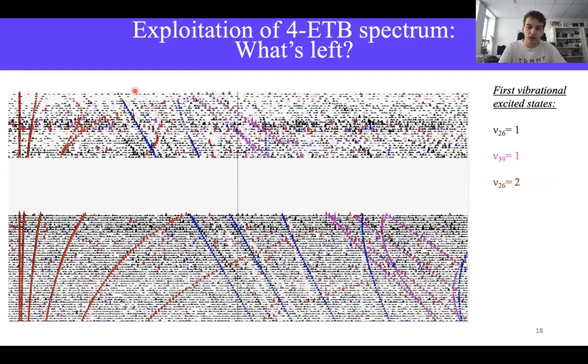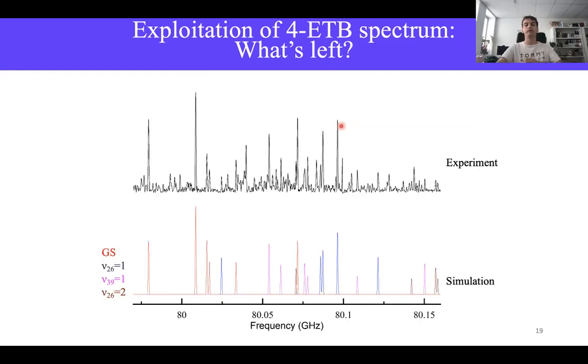In blue, all the assignments are from the first excited state, V26. In pink, it corresponds to V39, and there are some lines here for 2 quanta in V26. And if we look at the simulation, we have a lot less information missing.